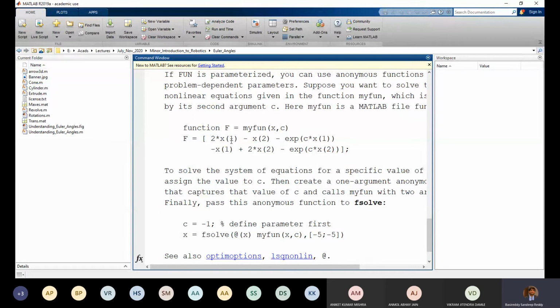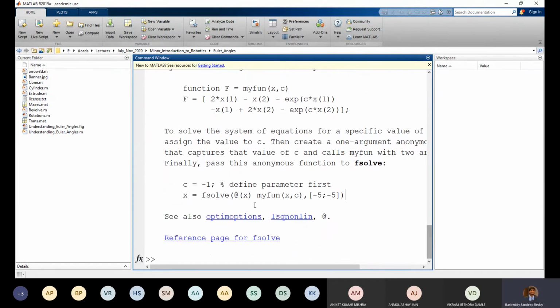2x bracket 1, that is the first component of the vector x, minus x bracket 2, that is the second component, minus e raised to c x of 1. This is the first one, minus x of 1 plus 2x of 2 and so on. This is a function, right? And now what they are saying is you write x equals fsolve, the name of the function, and the initial values.